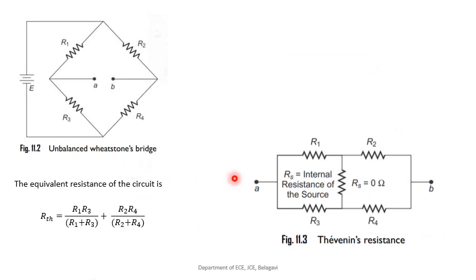Previously you have seen the Thevenin voltage. Next we will see the Thevenin resistance. For calculating Thevenin resistance, all sources have to be made 0. So the voltage source here will be made 0, and then you have to calculate the resistance which you see across points A and B. So you can simplify that.